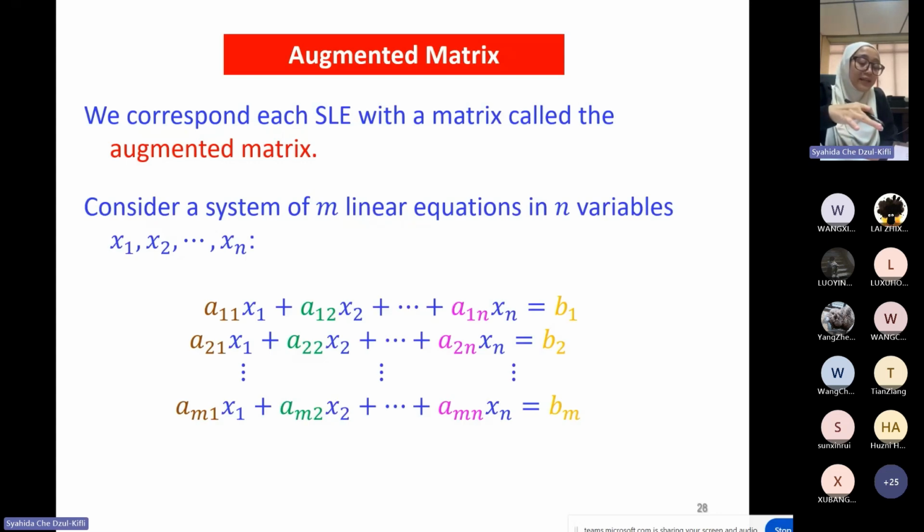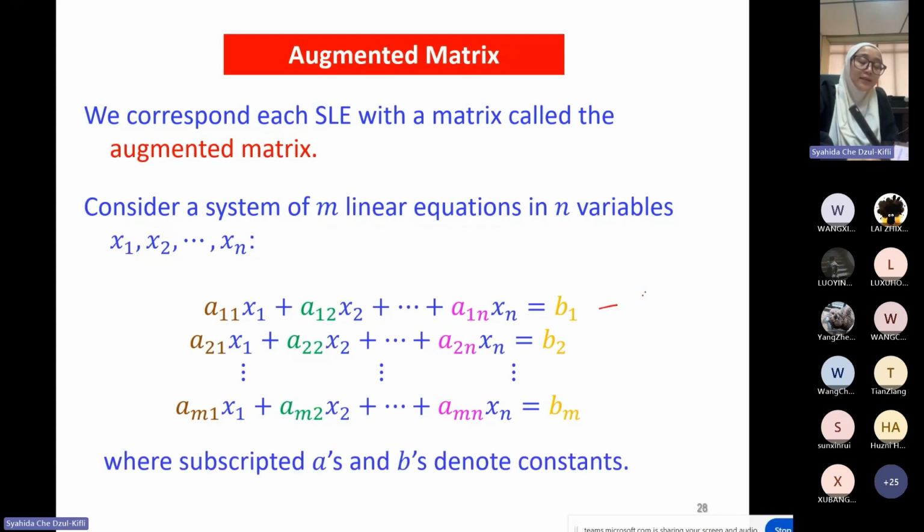Let's say we have this general form of a system of linear equations with m linear equations: the first linear equation, the second linear equation, and the last one is the m-th linear equation.